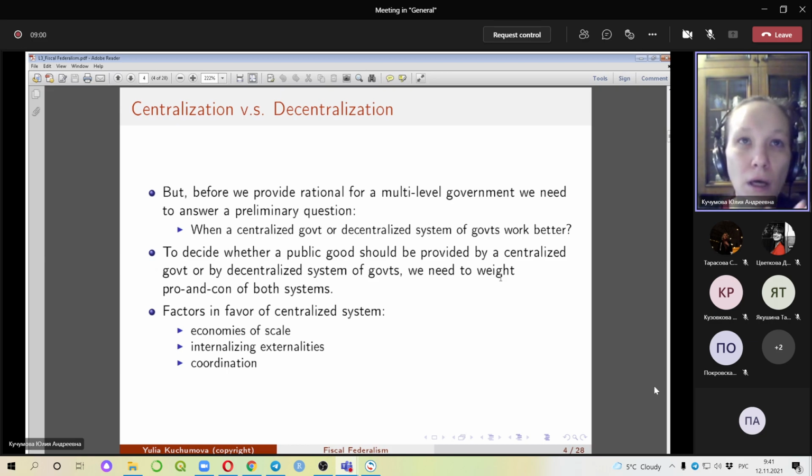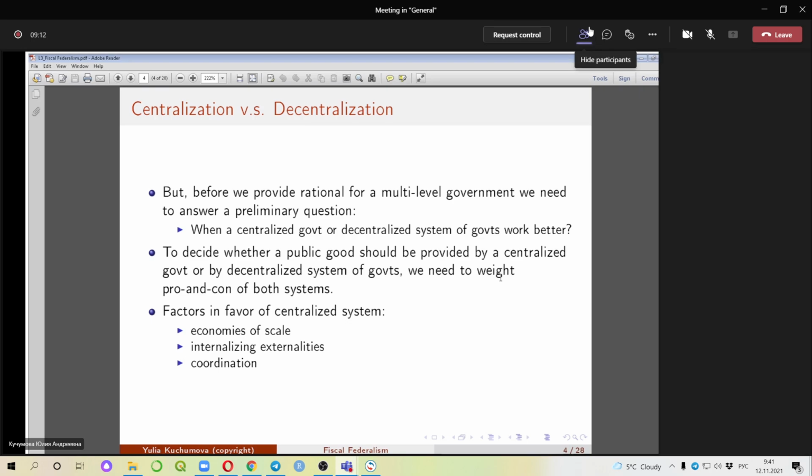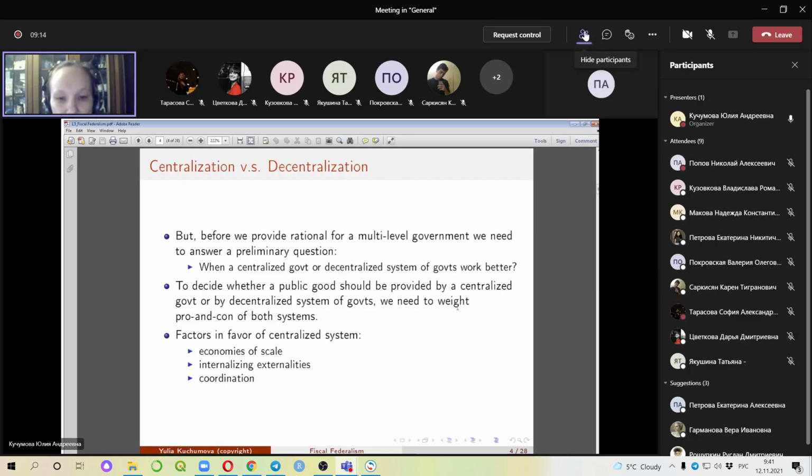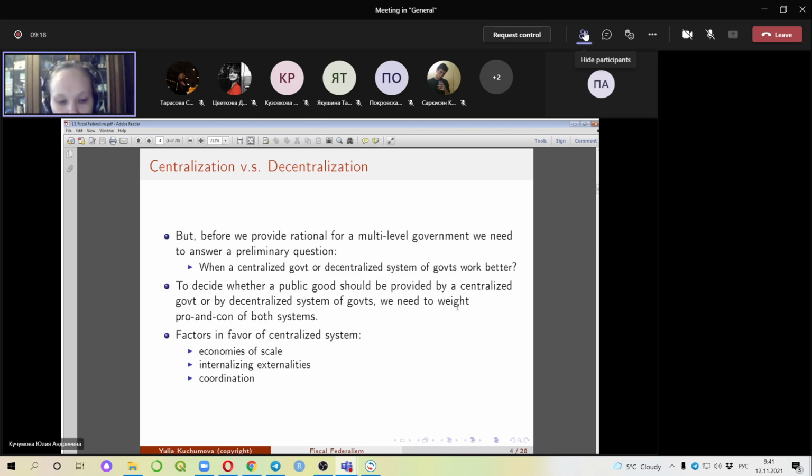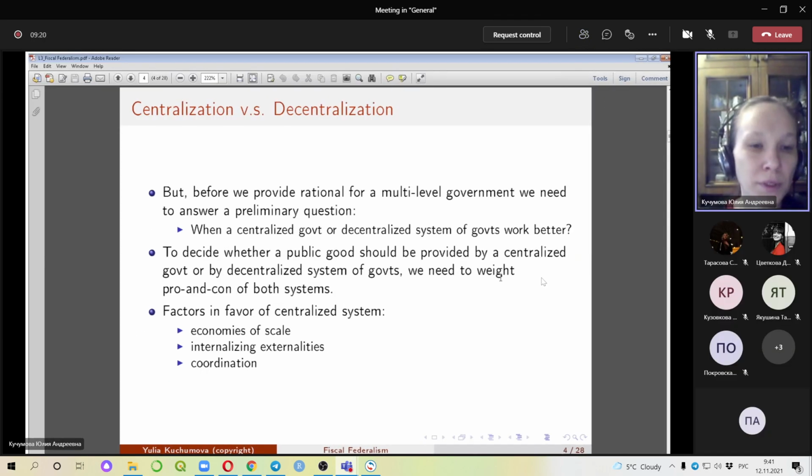Let us think. When we have several jurisdictions, one public good in one jurisdiction can provide some externalities on people in other jurisdictions. There could be good externalities or bad externalities.